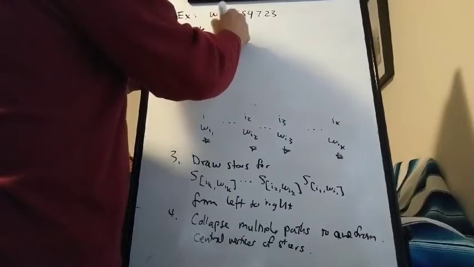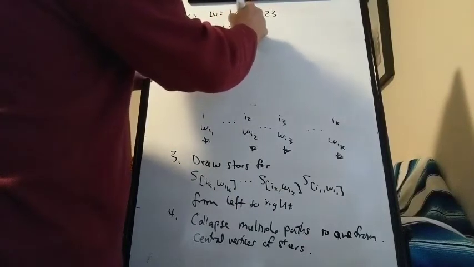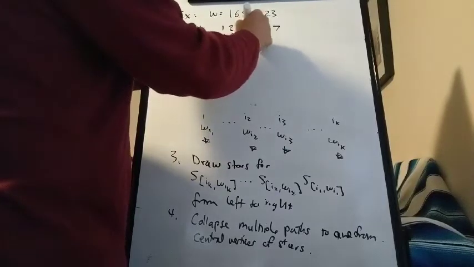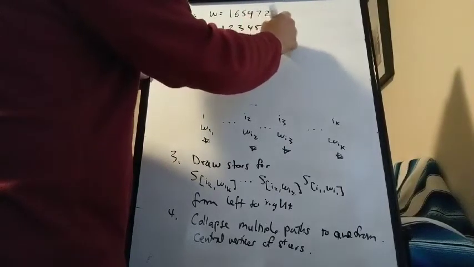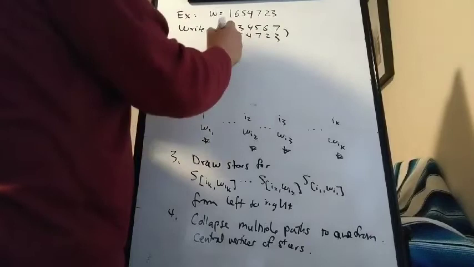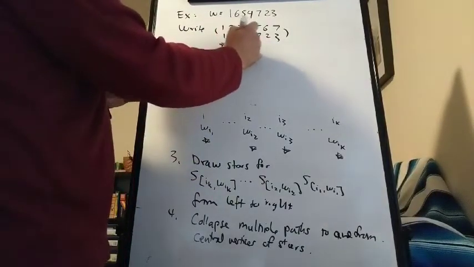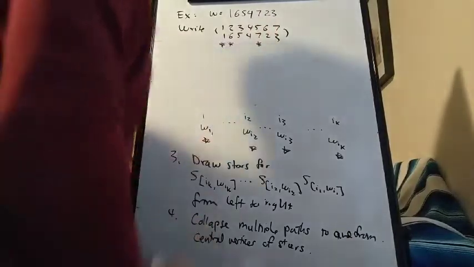So we write 1, 2, 3, 4, 5, 6, 7 above and 1, 6, 5, 4, 7, 2, 3 below. 1 is a record, then 6 is a record, and then 7 is a record. Those are the only 3 records.